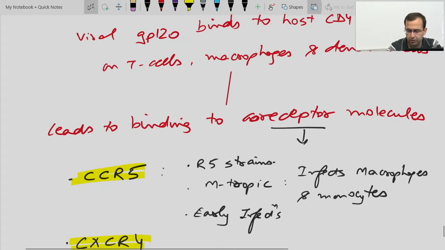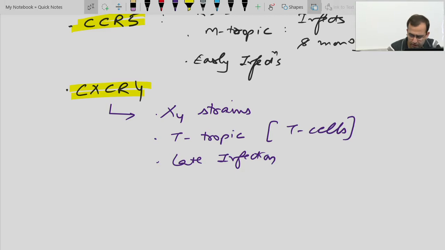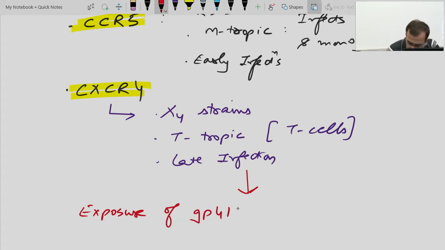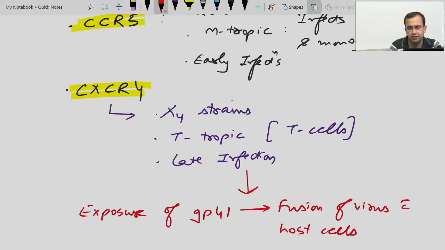Next point. So we have seen that viral GP120 was the first one to bind, leading to binding to co-receptors. This in turn leads to exposure of GP41, causing fusion of the virus with host cells.